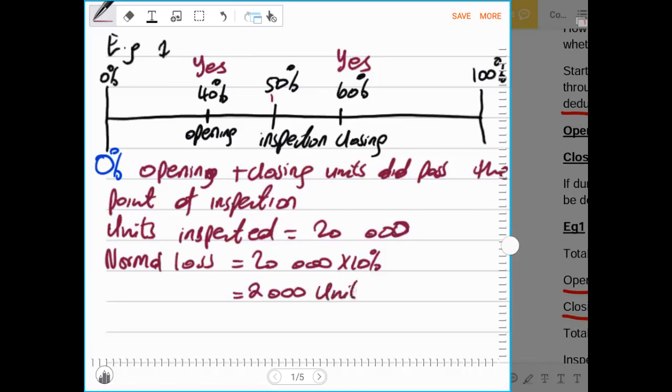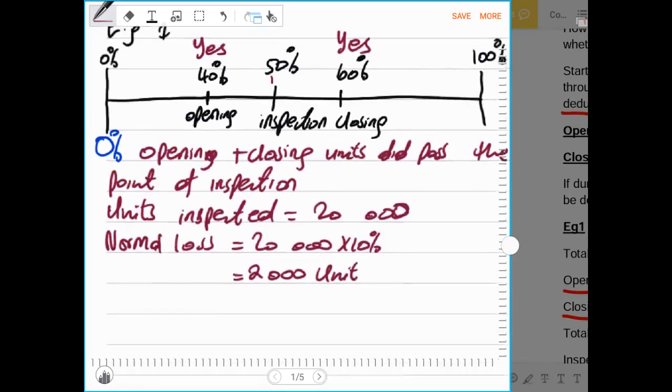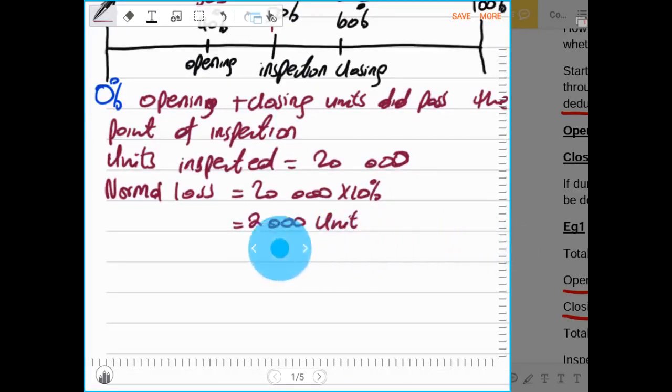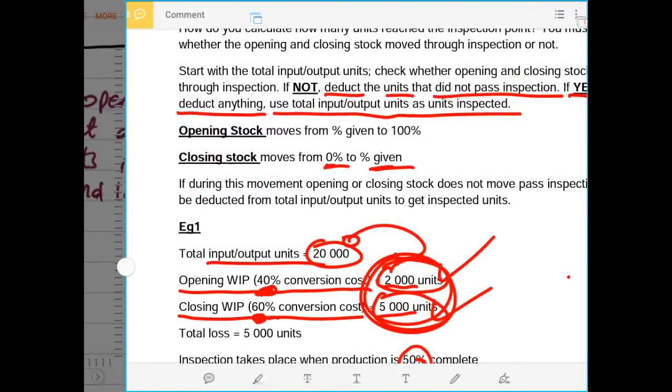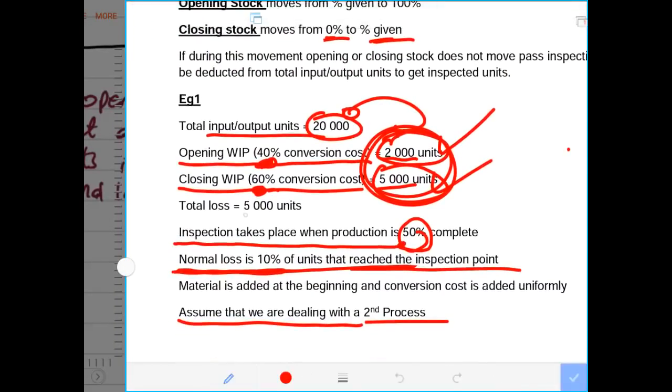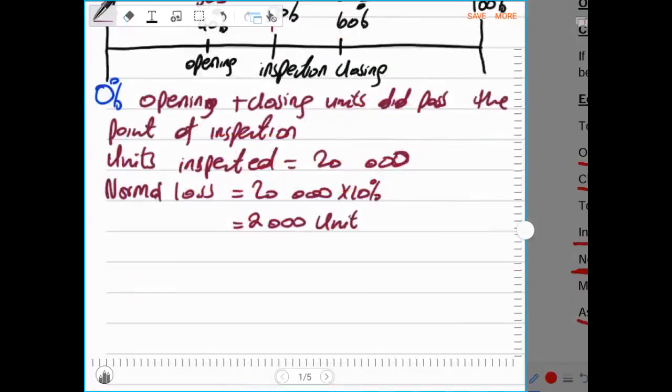So if we have 2,000 units as the normal loss, how much is our total loss? We were told that the total loss is 5,000 units. We know our normal loss is 2,000, so obviously the difference is another type of loss, which is called abnormal loss.